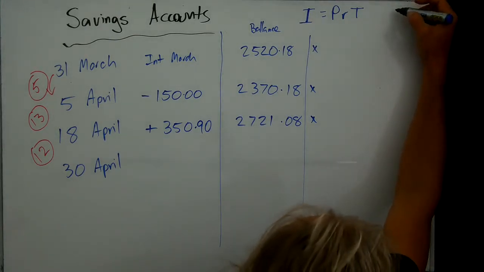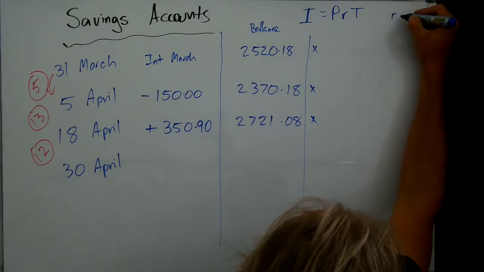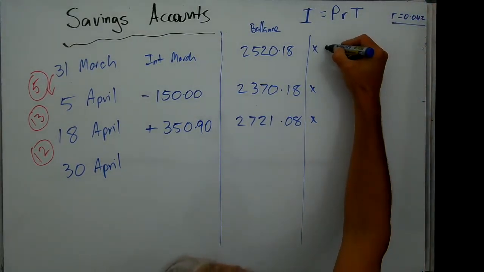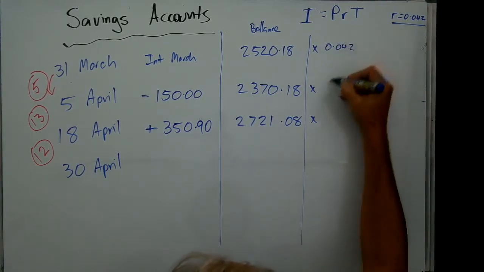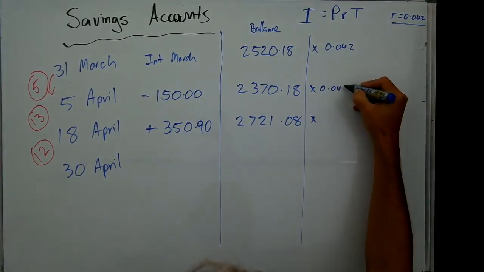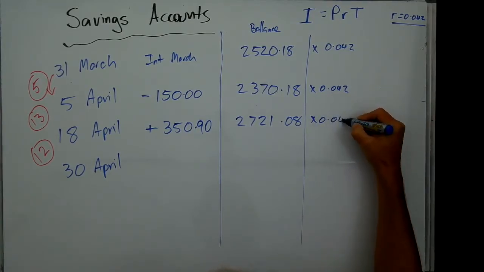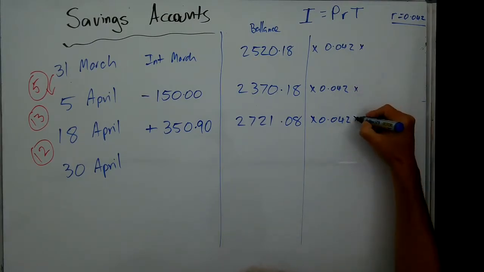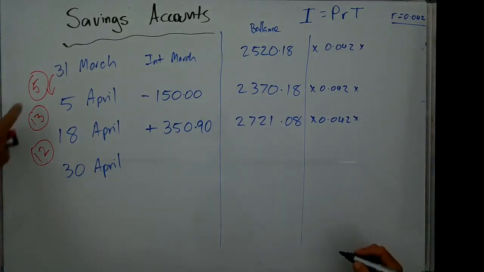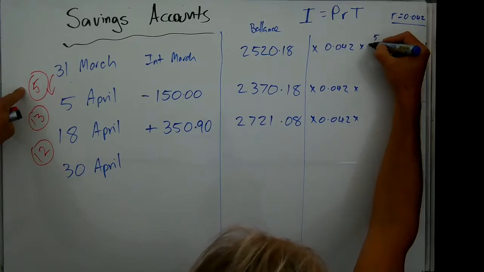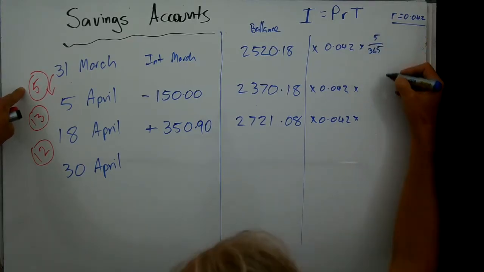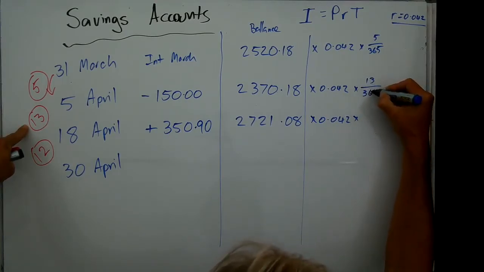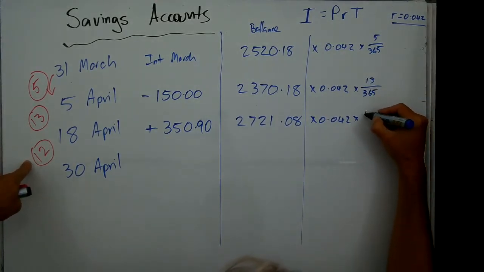So just write R equals 0.042. So here, always the same rate, and we're multiplying by 5 out of 365, and that one is 13 days out of 365, the last one is 12 days.